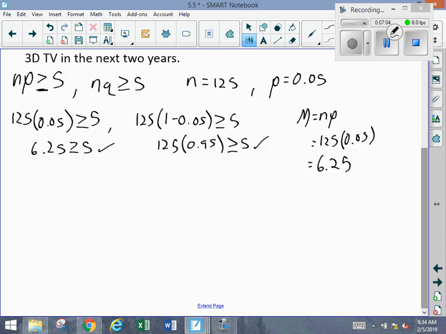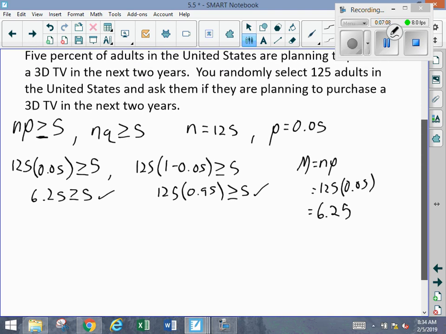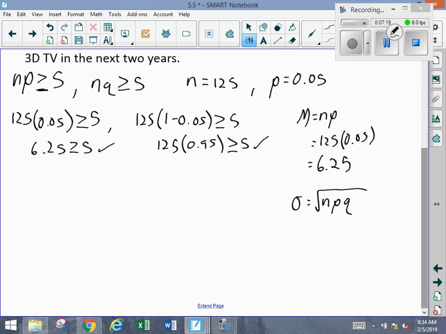Standard deviation. So then our standard deviation is going to be the square root of n times p times q, which is 125 times 0.05 times 0.95, right? 1 minus p.